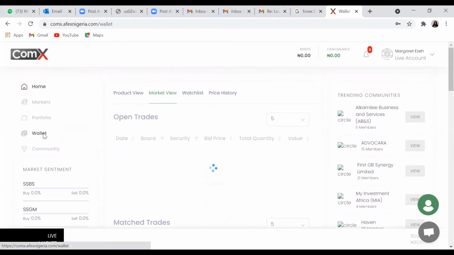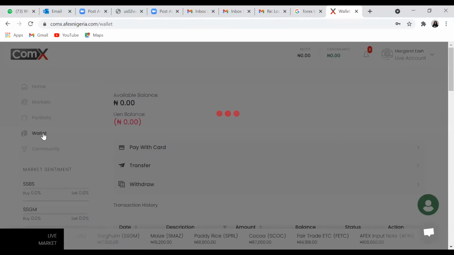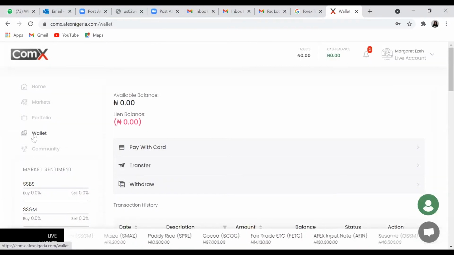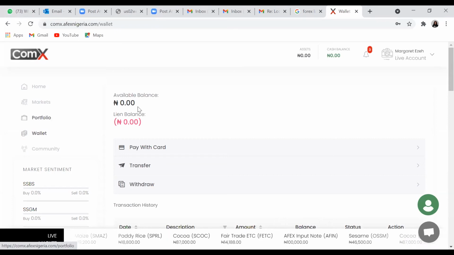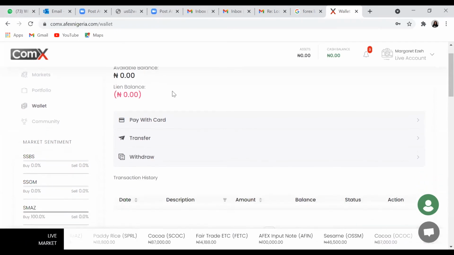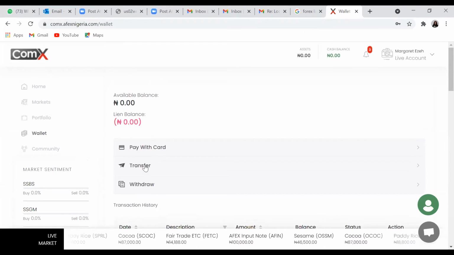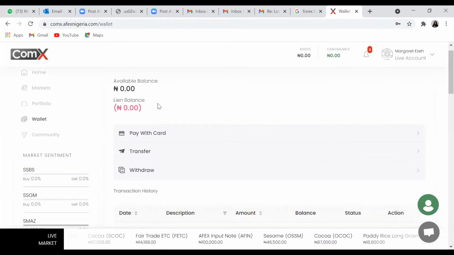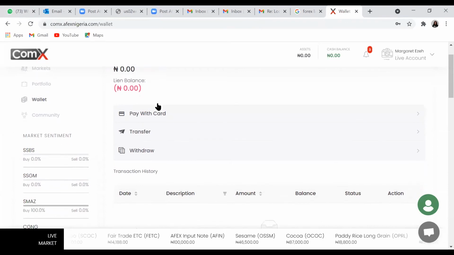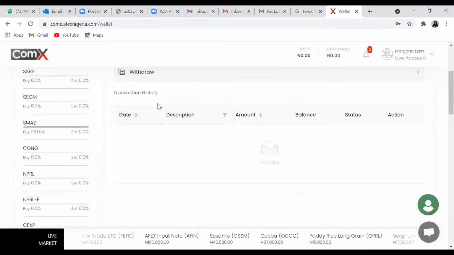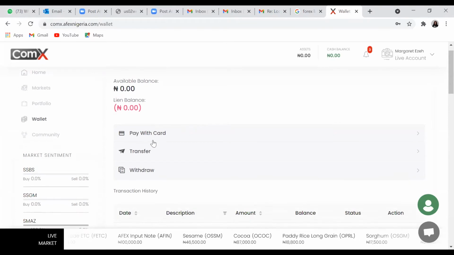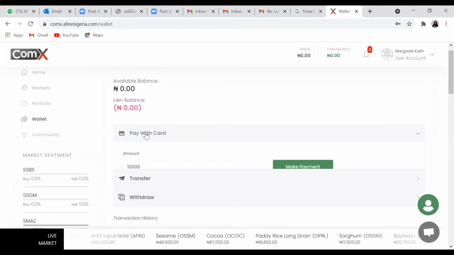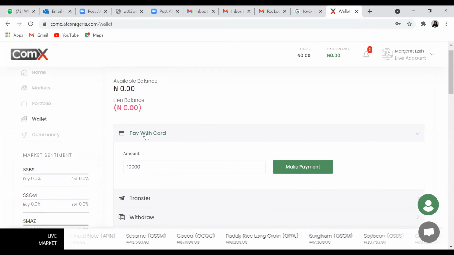So if you're trying to fund your wallet, because we usually also get questions about how to fund our wallet, you quickly just go to wallet here and click on it, and you will see where to fund your wallet. You can pay with card, and you can also transfer. If you're looking to have immediate reflection of your money, I would advise that you pay with your card, because if you pay via bank transfer, it will take within 2 business days for your money to reflect.